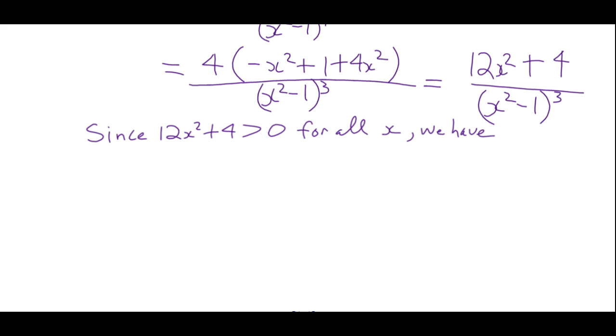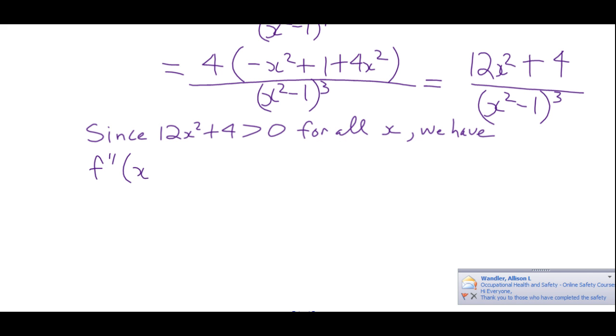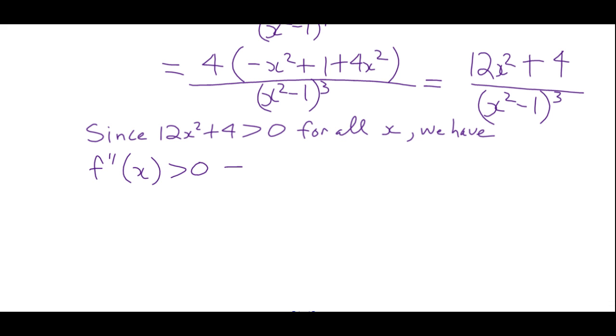then what we want to know is, well, let's say this. So f double prime of x is greater than 0 means that x squared minus 1 is greater than 0.